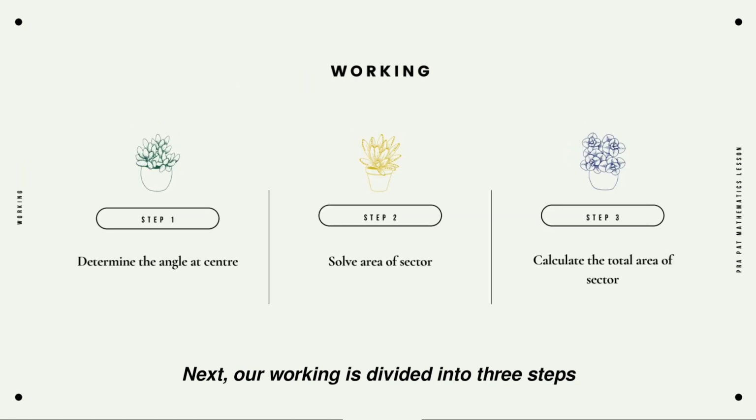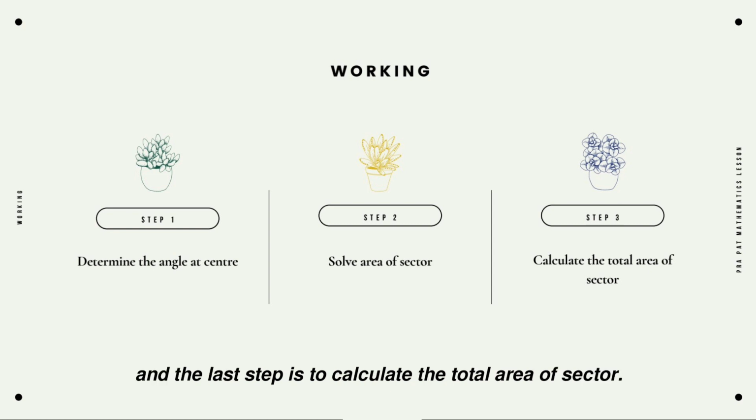Next, our working is divided into three steps. The first one is to determine the angle at center, the second step is to solve the area of sector, and the last step is to calculate the total area of sector.